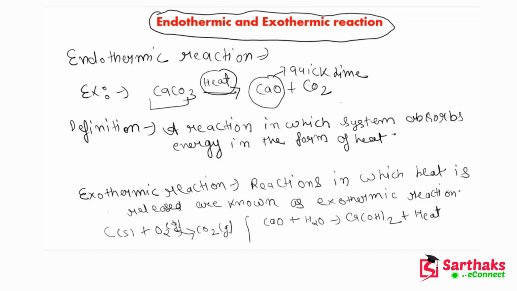You might have seen that whenever you bring calcium oxide home and add water to it, it releases lots of heat. So this is an example of an exothermic reaction. This calcium oxide is in solid form, and water is in liquid form. I hope guys this is clear to you, what an exothermic reaction and an endothermic reaction are.